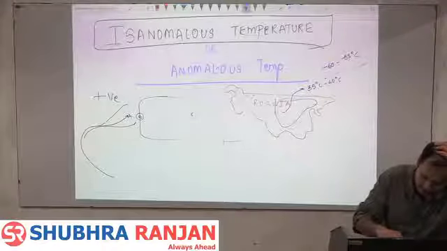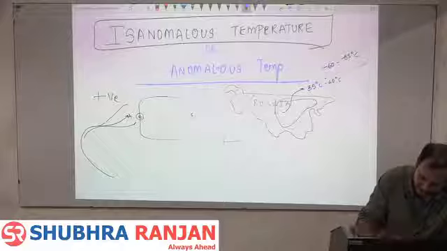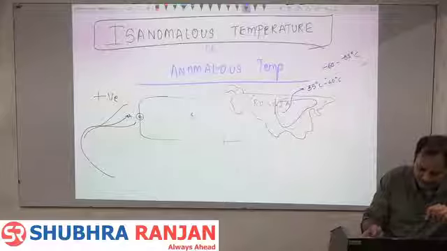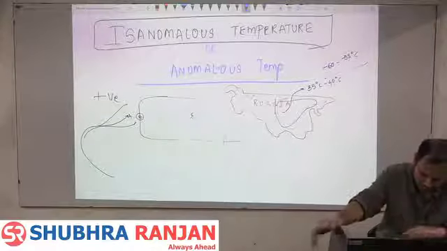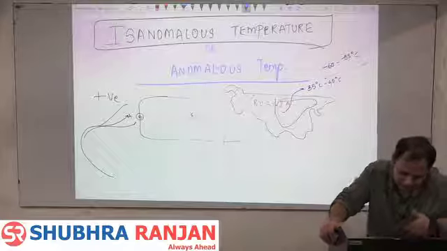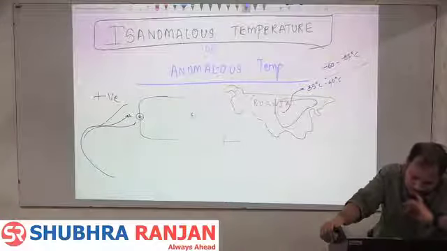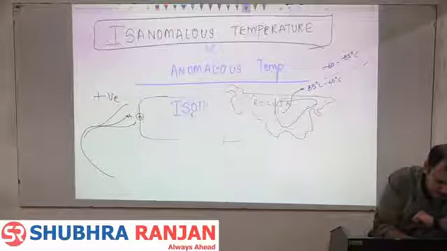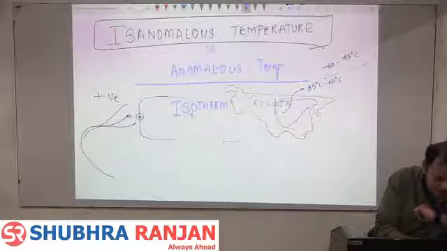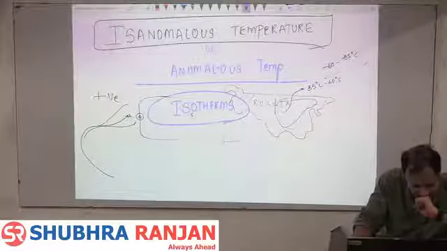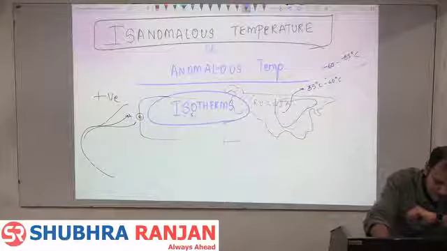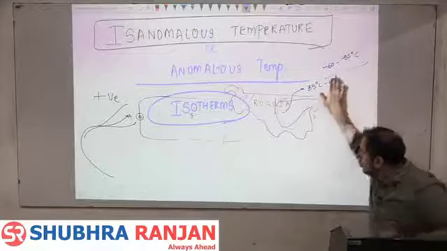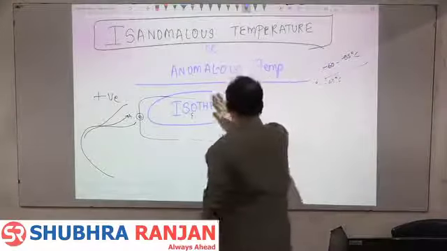The average temperature of a place is determined with the help of isotherms, that is, lines joining places of equal temperature.